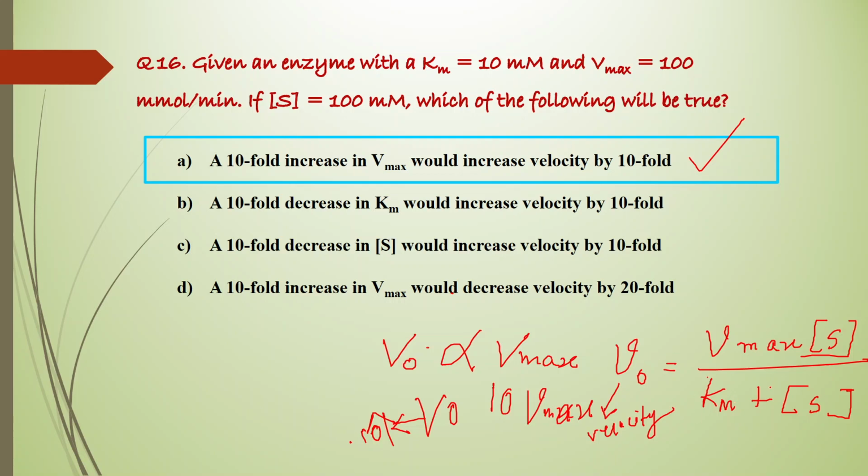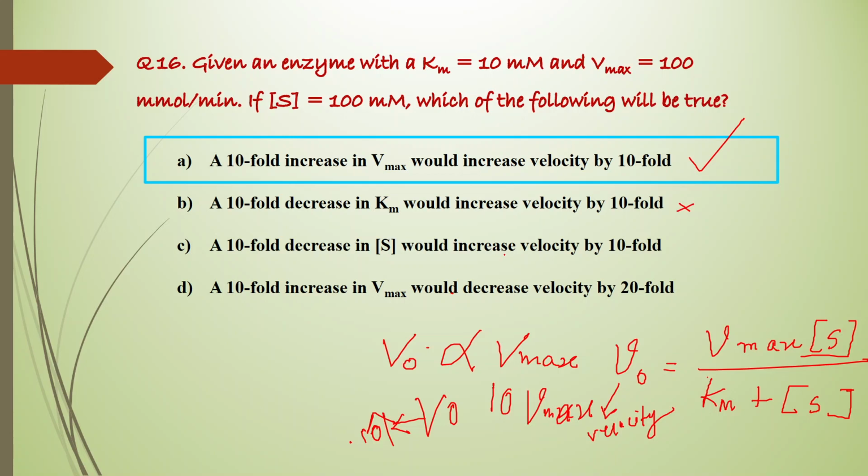We can see in the denominator there is Km plus substrate concentration. That means V0 or velocity does not have a directly reciprocal or inverse relationship with Km. So we can't just simply tell how V0 will be affected by changing Km tenfold, because there is no direct relationship. Okay, so our second option was wrong.